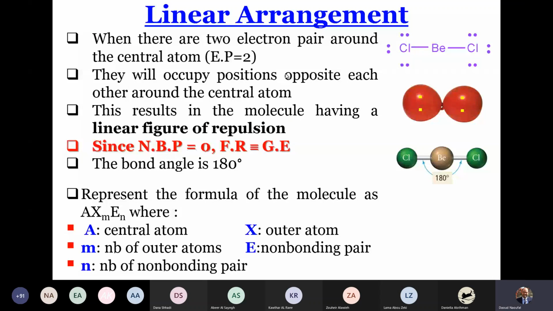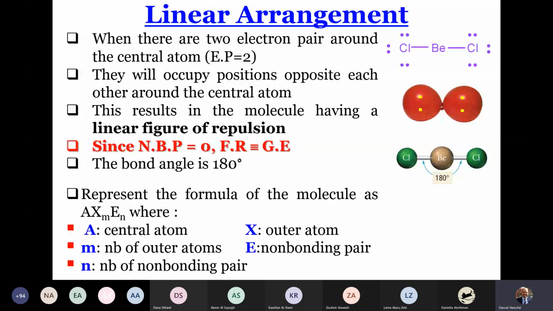So the Lewis structure is the key to know the figure of repulsion and the geometry of a molecule. The figure of repulsion is the drawing of all types of electron pairs around the central atom. The electron pairs might be of two types: the bonding pairs, which we call BP, and the non-bonding pairs, which we call NBP.